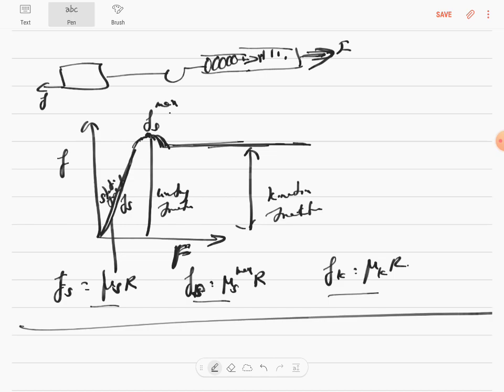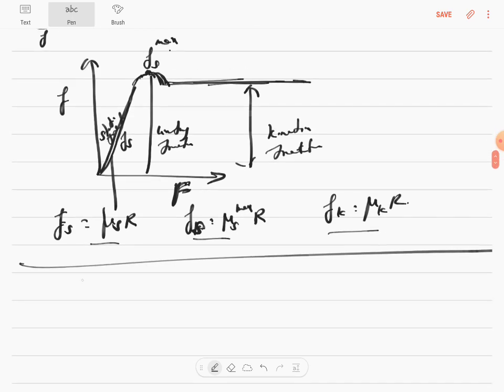After that, the topic is about why rolling friction is always less than sliding friction.